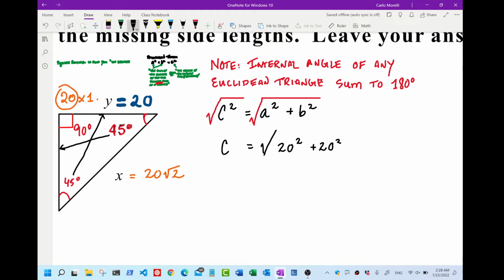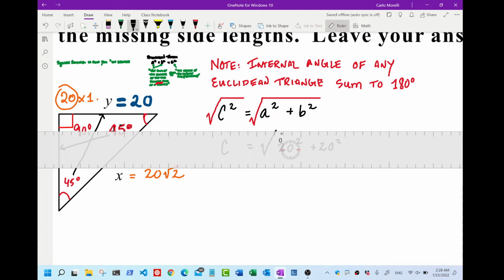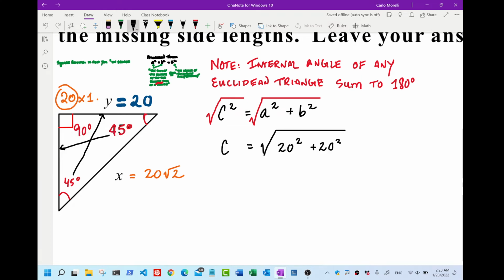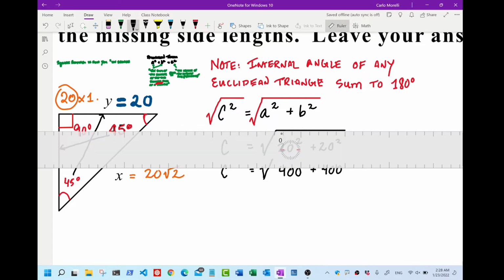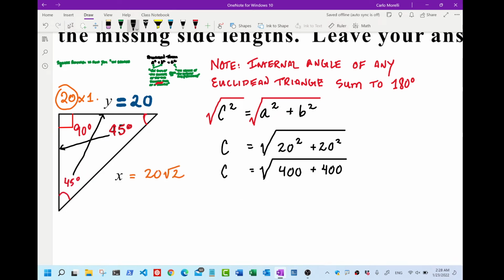Okay, 20 squared is just 20 times 20, and 20 times 20 is 400, so we have c equal to the square root of 400 plus 400. Okay, so that's the square root of 800.